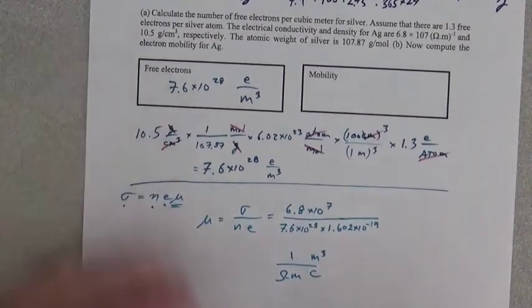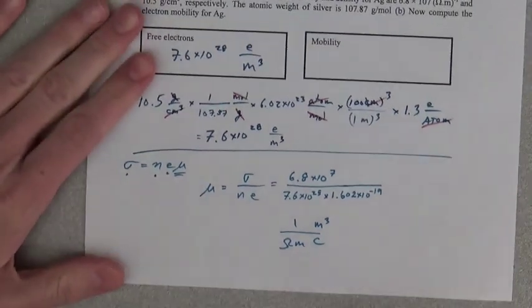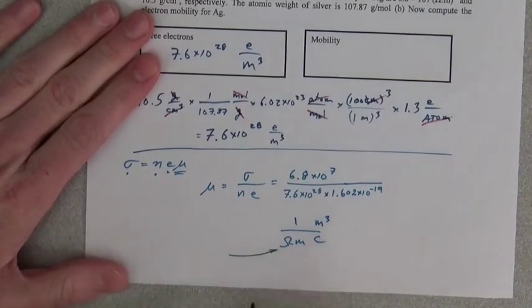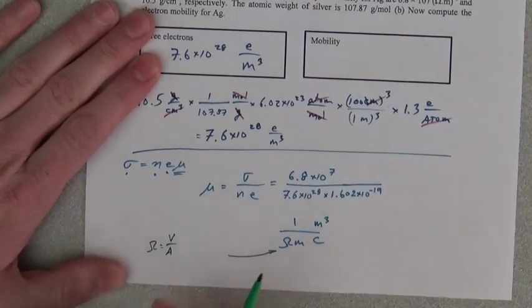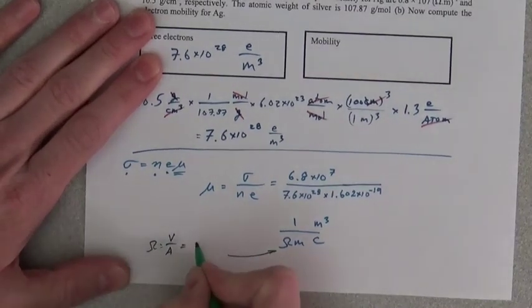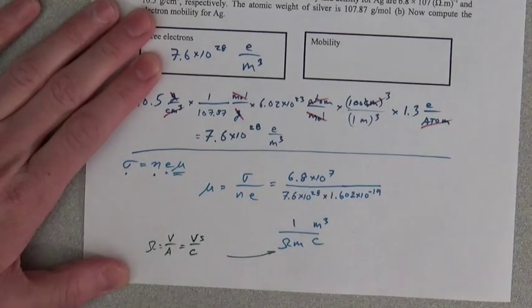So ohm can also take units of volt per amp, which is volt per coulomb per second.